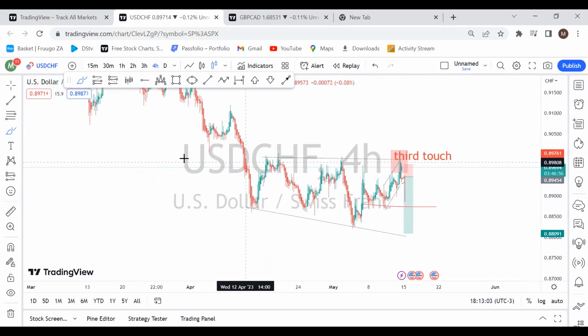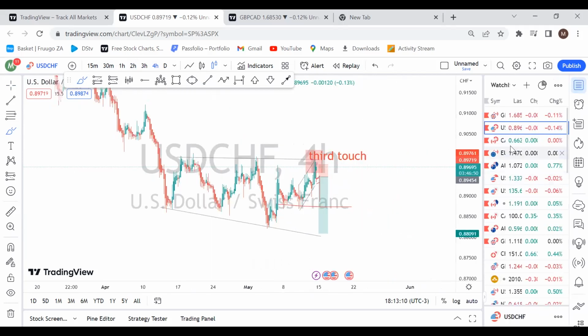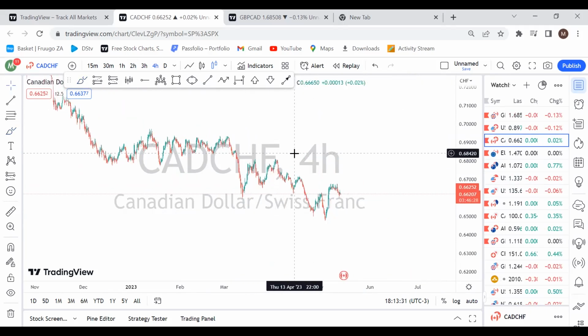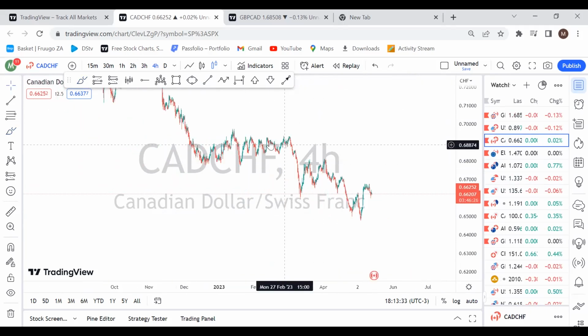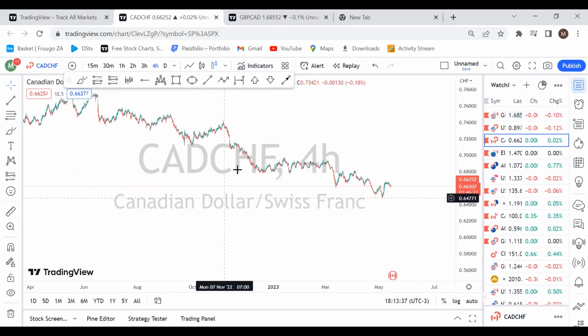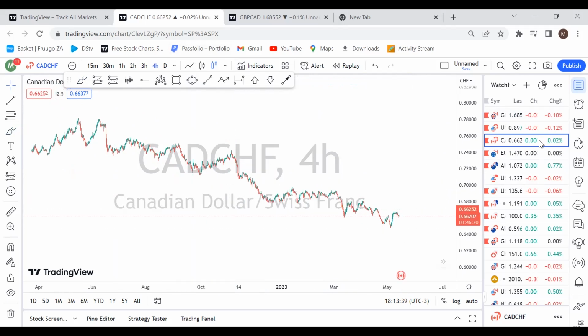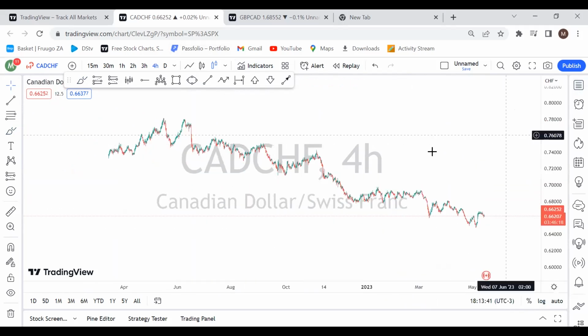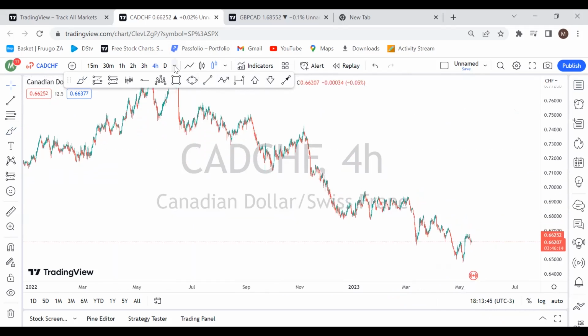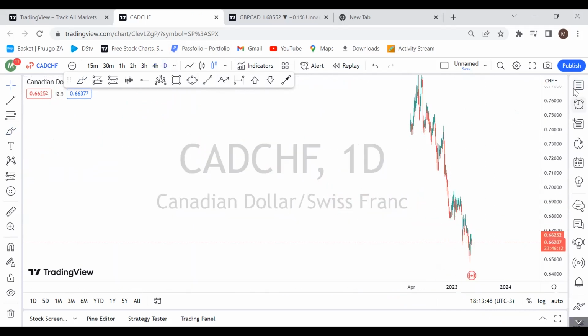this is the setup with US dollar against Swiss franc. Nothing really complex, very simple. So what we have here is a similar case to the previous one, in terms of it being very choppy, and it doesn't look really interesting from big time frames.